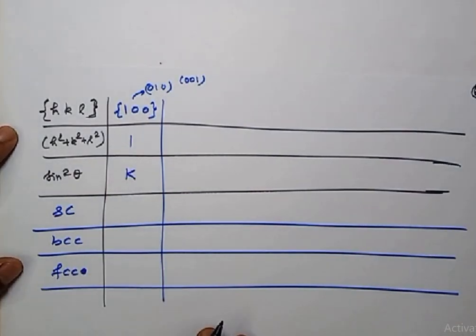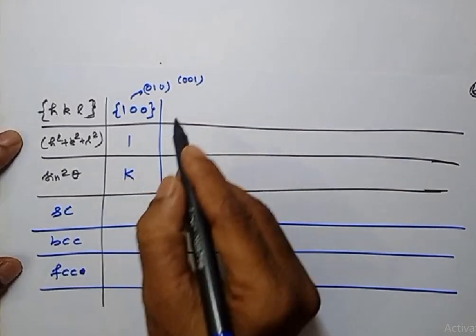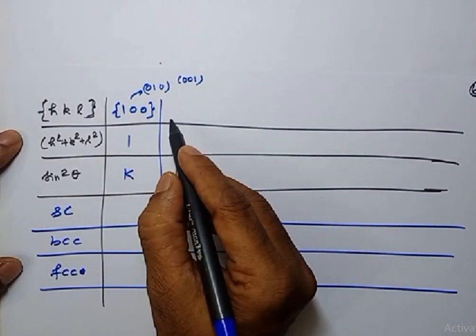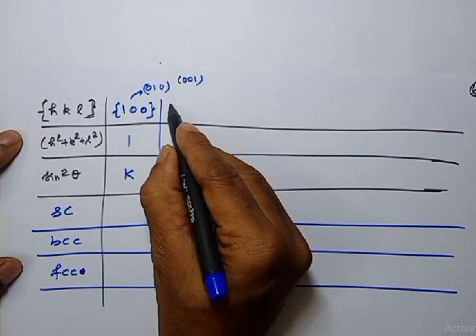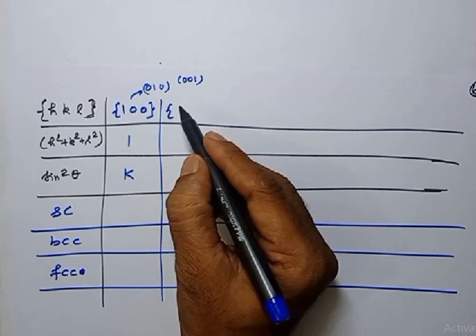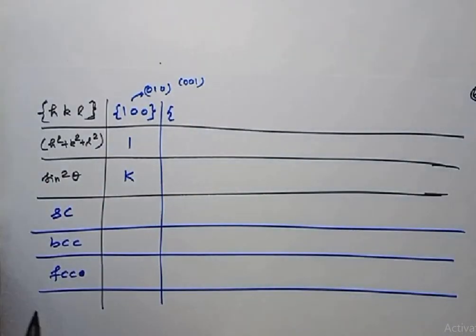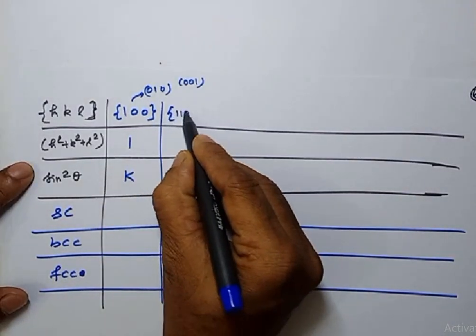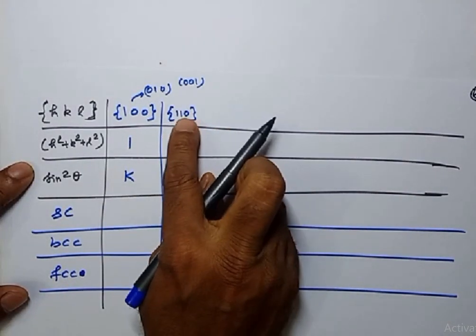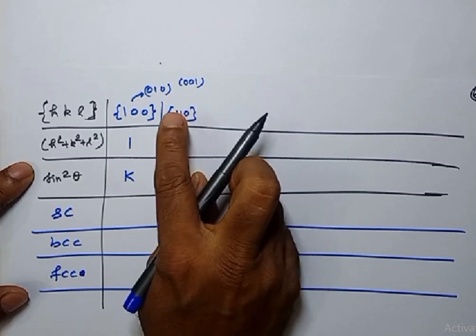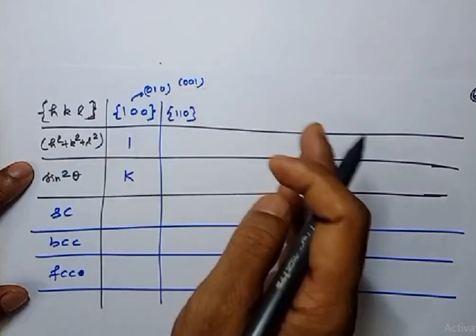Then for the next set of planes, I'll take 100. The next one is 110. Let me take the 110 plane, and we'll write all possible values here: 110, 101, 011, 1 bar 1 bar 0.